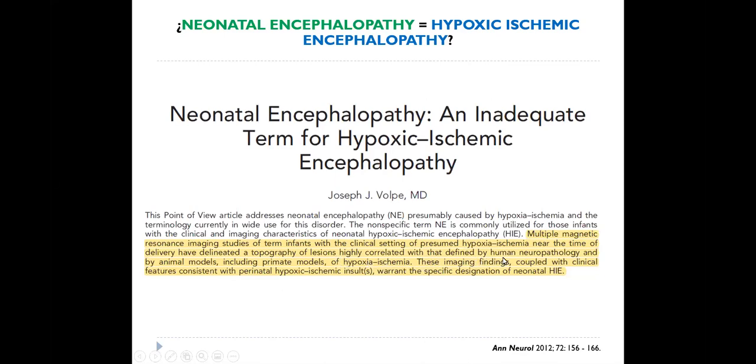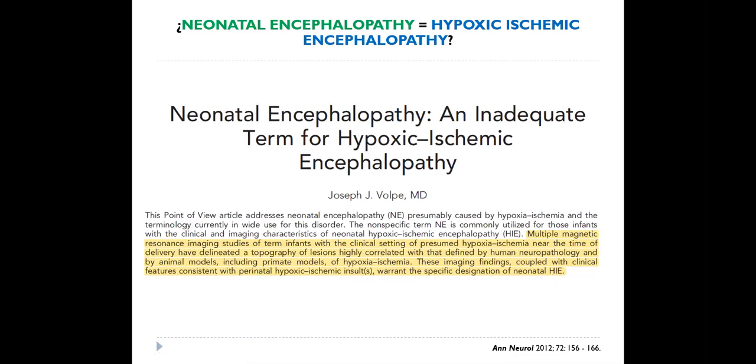These imaging findings, coupled with clinical features consistent with perinatal hypoxic ischemic insult, warrant the specific designation of neonatal hypoxic ischemic encephalopathy.